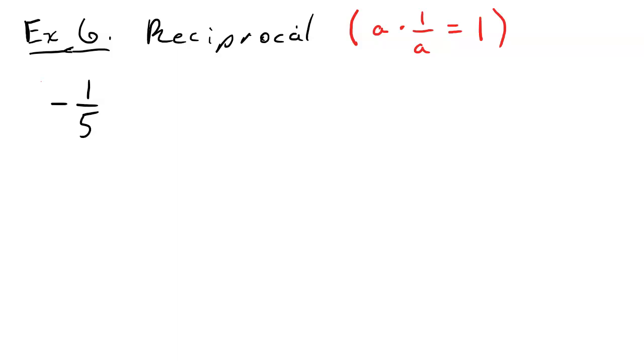So here we have negative 1/5. So you want to know, what do I multiply negative 1/5 by to get 1? And the answer is negative 5. Because if I multiply 1/5 by 5, those cancel out, the negatives become a positive, and we get a positive 1 from multiplying them. Therefore, negative 5 is the reciprocal of negative 1/5.